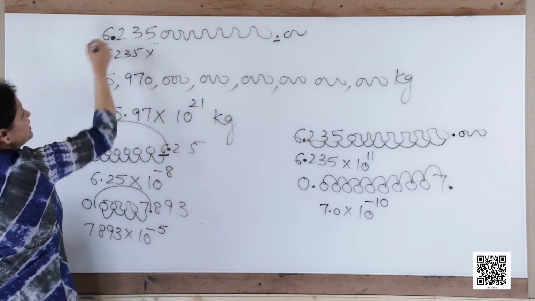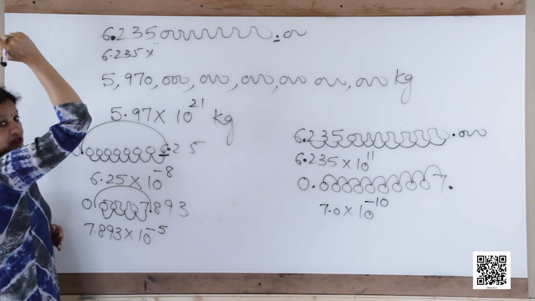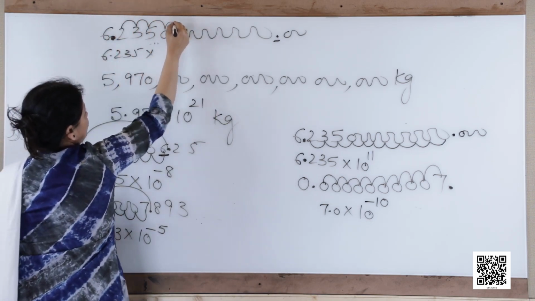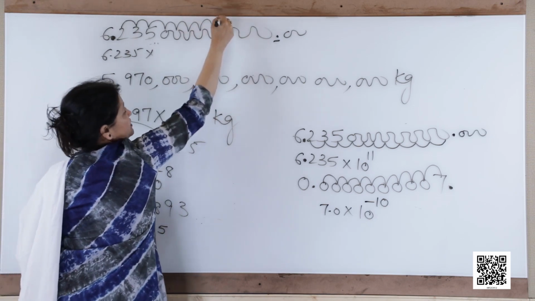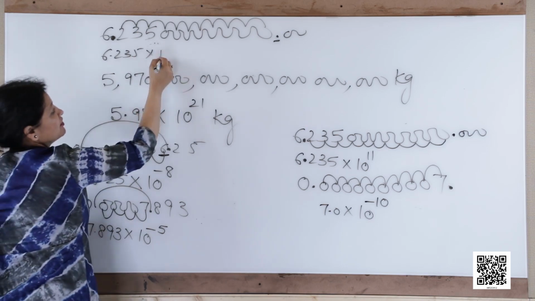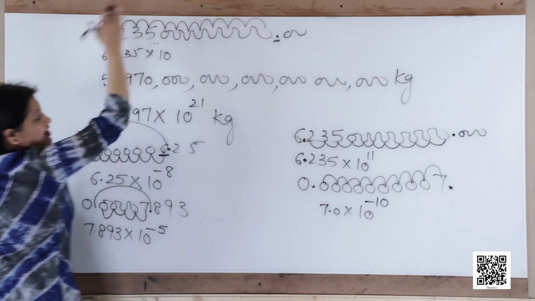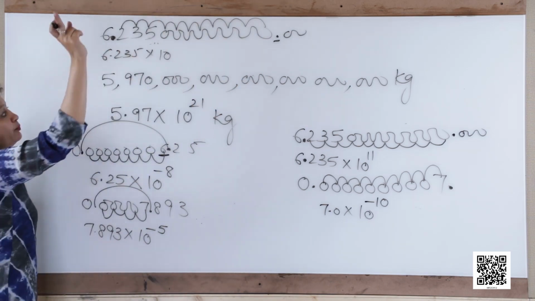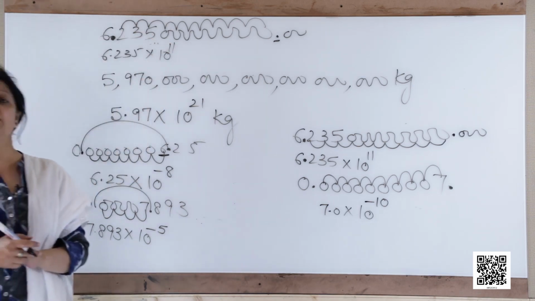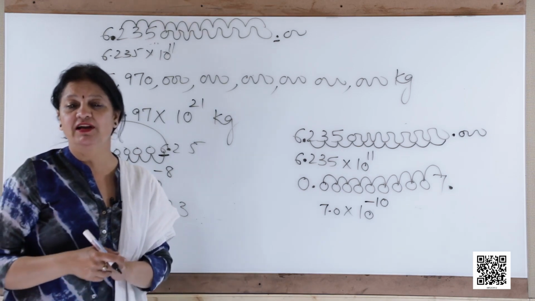Now count the numbers in between: 1, 2, 3, 4, 5, 6, 7, 8, 9, 10, 11. So 11 numbers are there in between. Since we are shifting from right to left, the power will be positive. So 6.235 into 10 raised to the power 11.